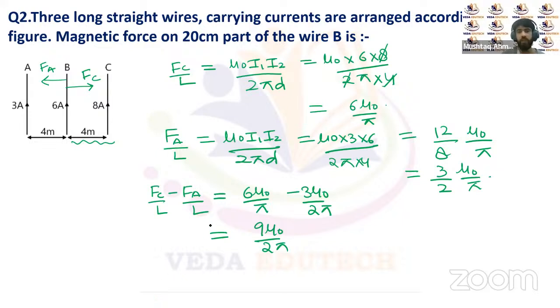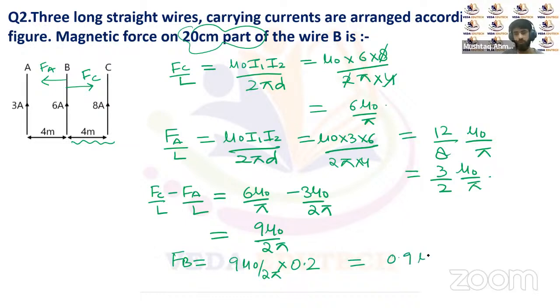And now we have to find the force on the 20 centimeter part. So net force on B will be 9 mu naught upon 2 pi multiplied by the length. The length is 20 centimeters, so on the 20 centimeter part it will be 0.2. So it has to be equal to 0.9 mu naught upon pi. This much will be the force.